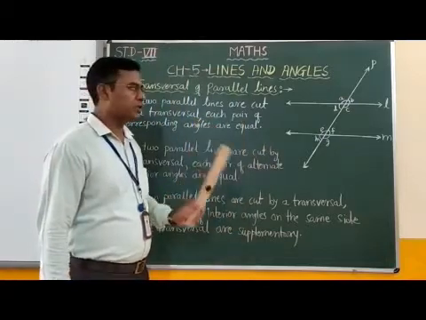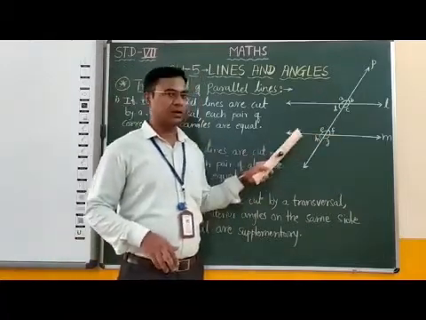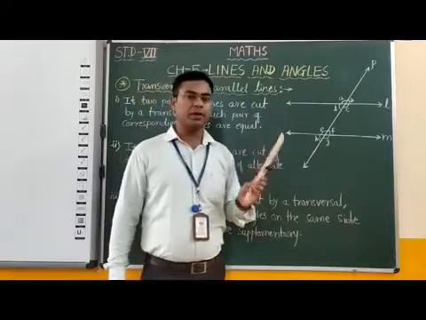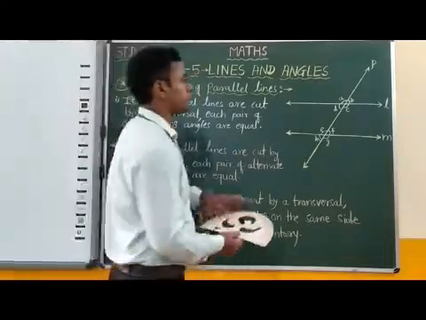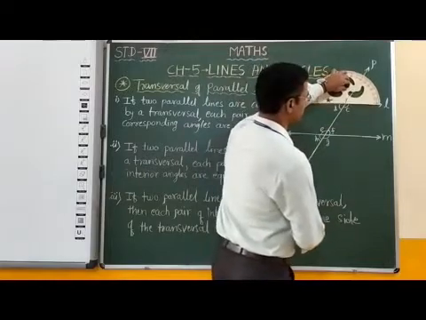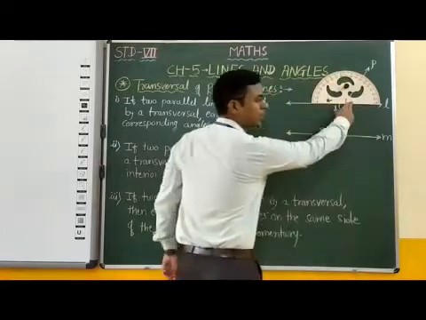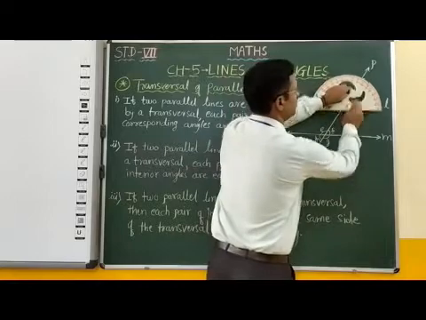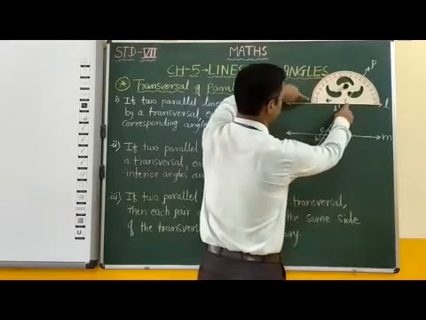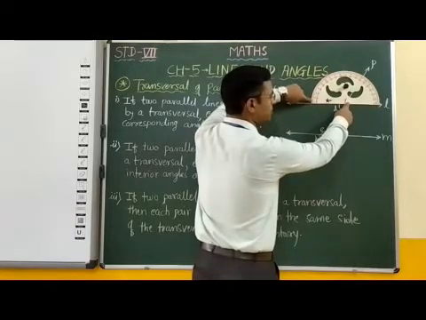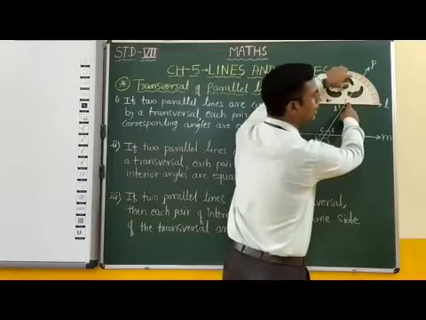Now, children, if we measure each angle with the help of a protractor, then we observe that if you measure angle A, we start from the left side 0, 10, 20, 30, 40, 50, 60, 70, 80, 90, 100, 110 and 120.